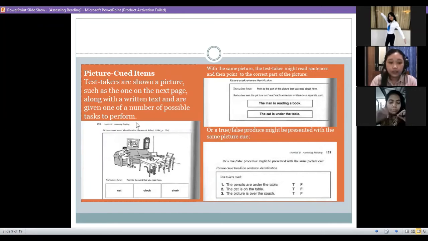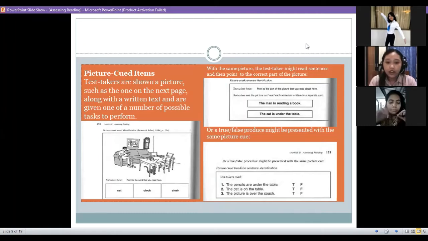The example in this picture is picture-cued word identification. Then with the same picture, the test taker might read a sentence and then point to the correct part of the picture. For example, picture-cued sentence identification.